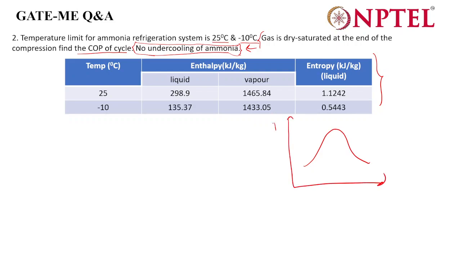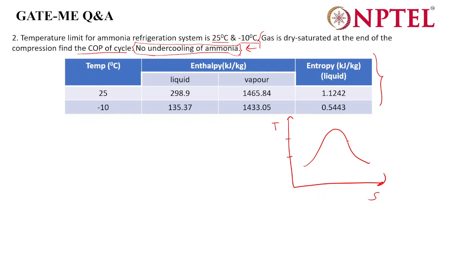So TS diagram we will draw. One limit is given as 25 degrees Celsius and another one is minus 10. Gas is dry saturated at the end of the compression, means end of compression is entry of the condenser.